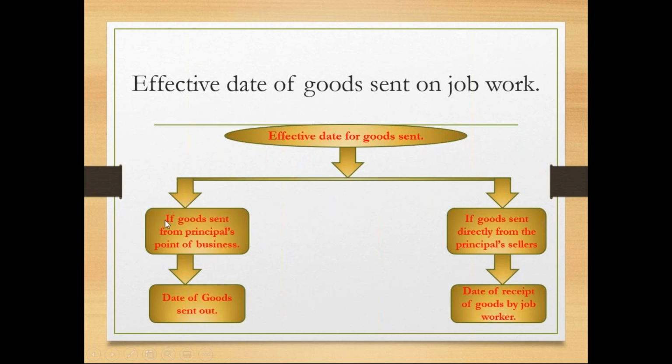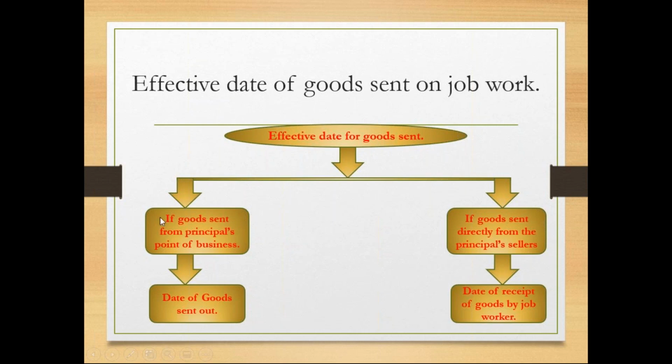So there are two options. Either you will send the goods from your place, your manufacturing area, to the job worker, or you make a purchase and directly send the goods from the vendor to your job worker. This helps to save your freight cost.